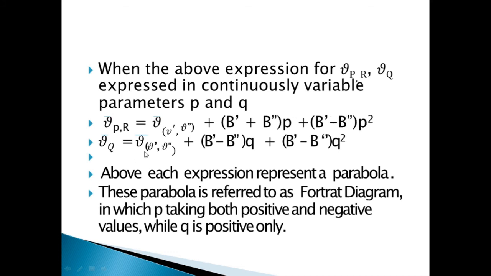The Q line becomes nu bar plus (B prime minus B double prime) into Q plus (B prime minus B double prime) into Q squared.